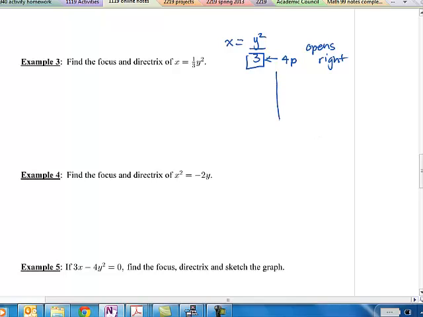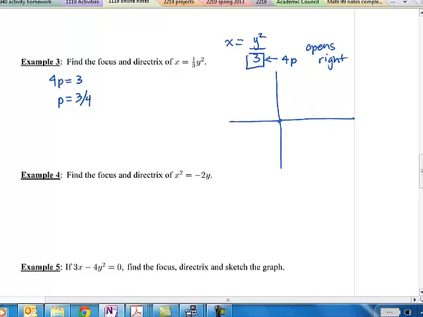The vertex is 0, 0 because there's not any shifting from our standard form. So 4p is 3. That means p is 3/4.